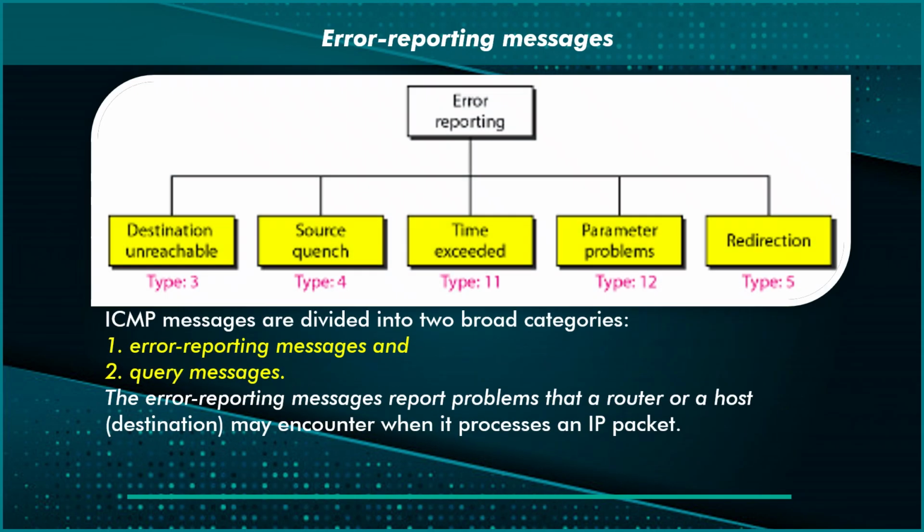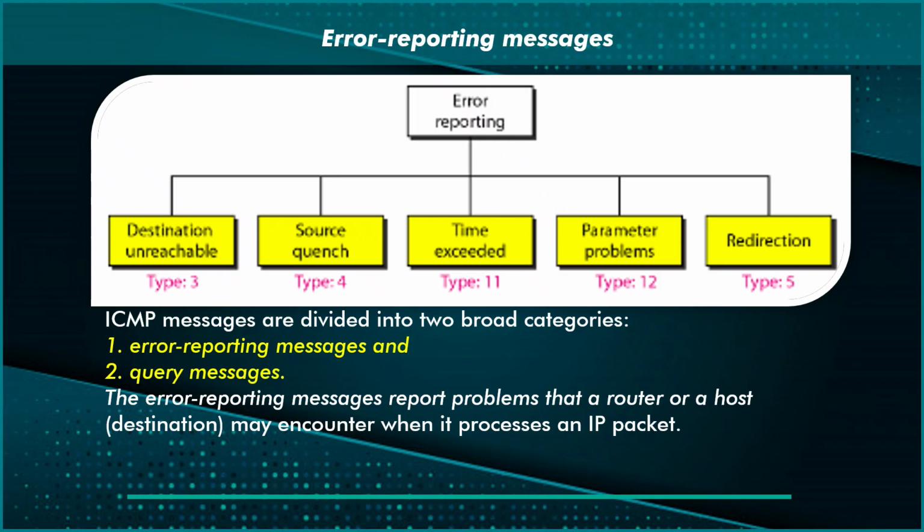Error reporting messages and query messages are the two main advantages of using ICMP messages. The error reporting messages report problems that a router or a host may encounter when it processes an IP packet. Based upon the type and the error numbers, we can classify them into various types, which are shown here.